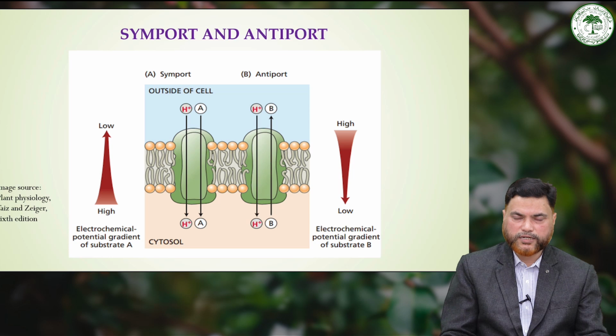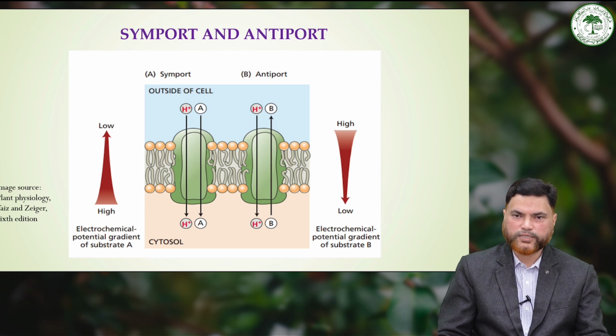Now, secondary active transport could occur in two main types, symport and antiport. In symport, the influx of protons is coupled with the movement of another solute in the same direction, and in antiport, transport occurs in the opposite direction.